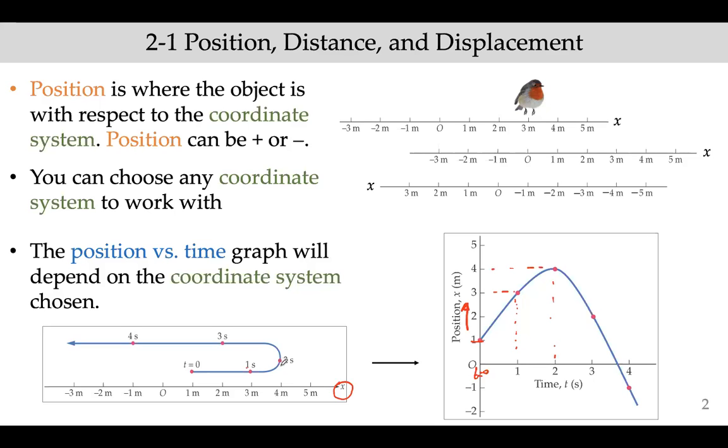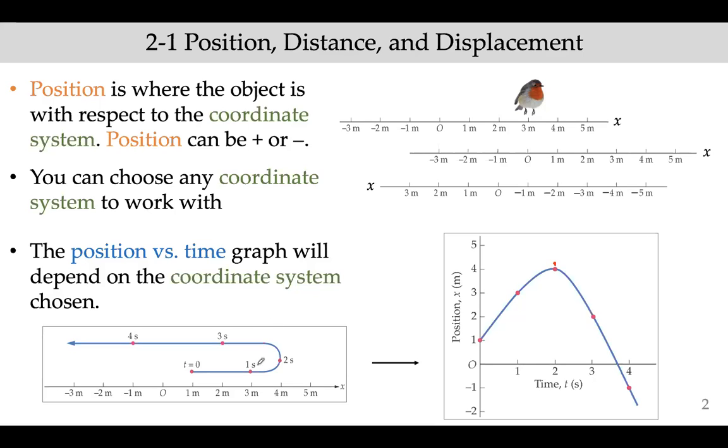Okay, what happens at 4 meters? After this point, it's going to go back in the negative direction. So at 2 seconds, the position is still positive, because those are positive numbers, but after this point the object is going in the negative direction.